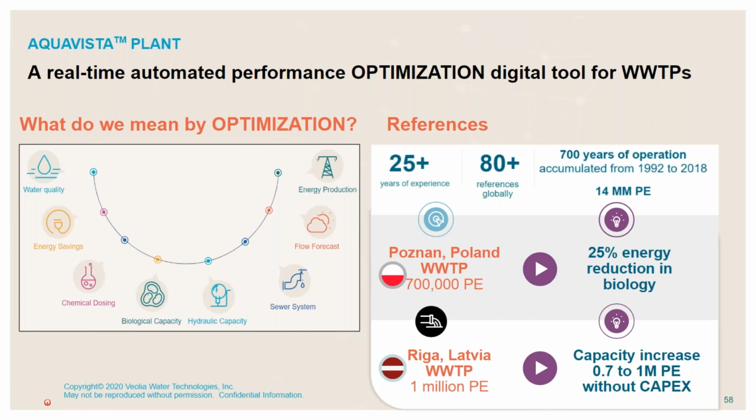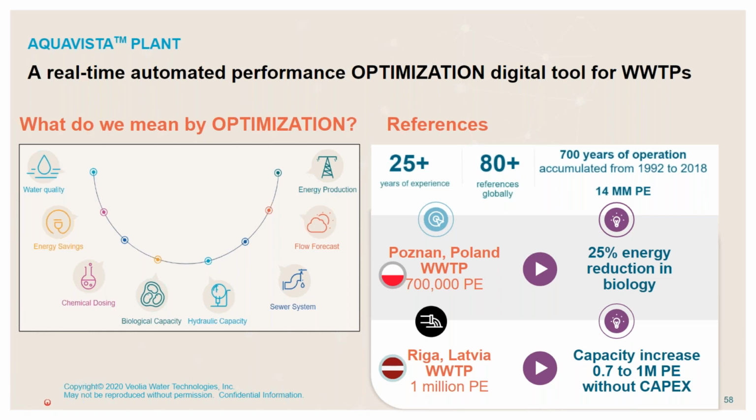And then finally, I just want to mention another solution in the Aquavista line of digital solutions, which is really focused on collection systems and more biological treatment. So if you're a wastewater plant with Actiflo, you certainly have, I would assume, some form of secondary activated sludge at your plant.